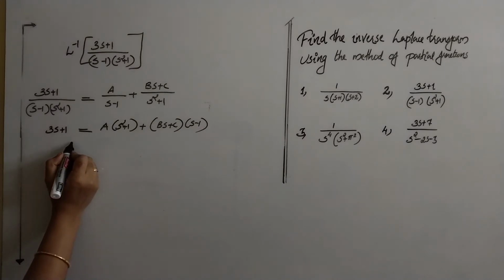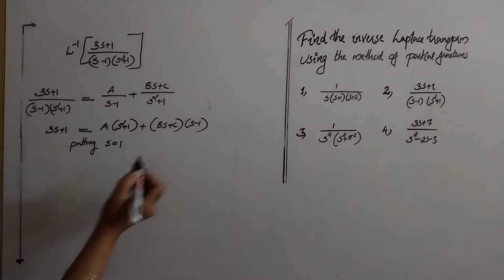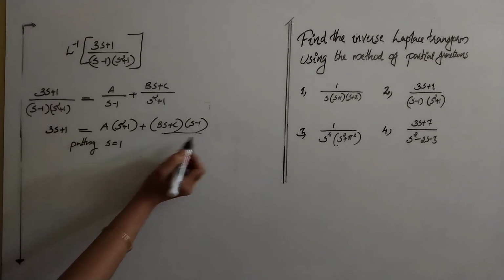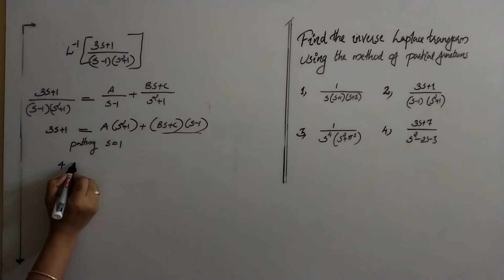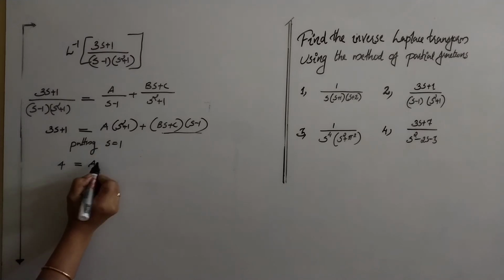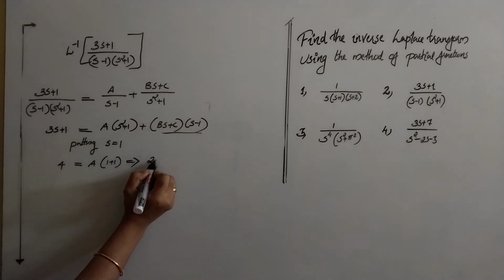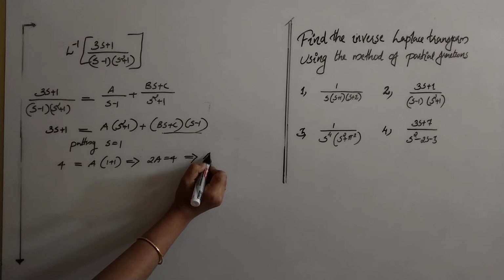Putting s is equal to 1, this term becomes 0. Here 3 plus 1, 4. 4 is equal to a into 1 plus 1. This implies 2a is equal to 4. This implies a is equal to 2.